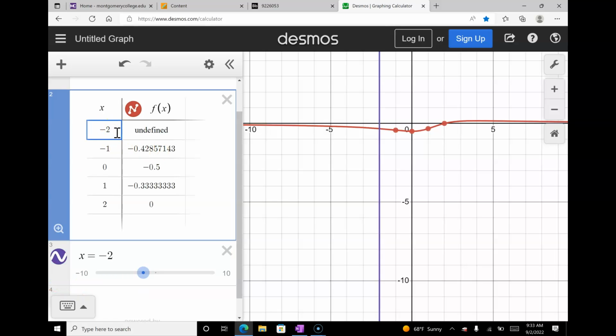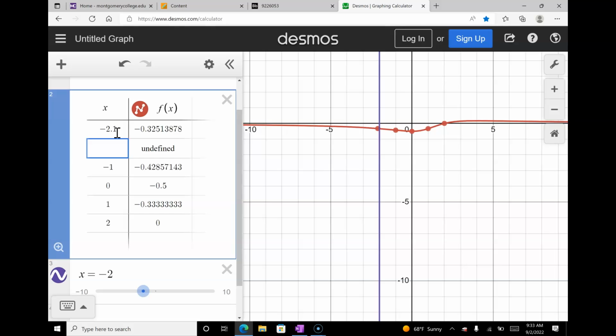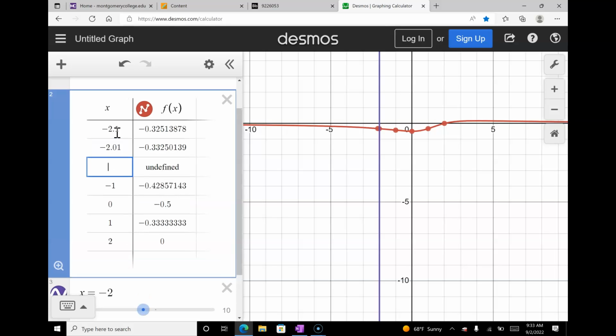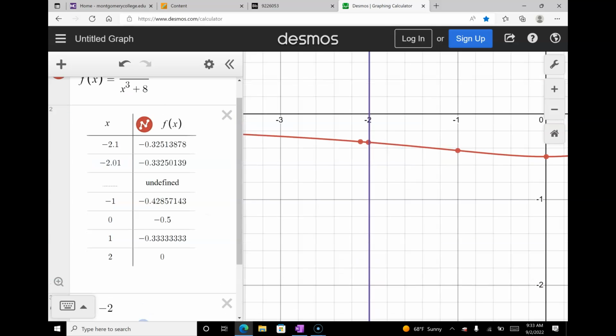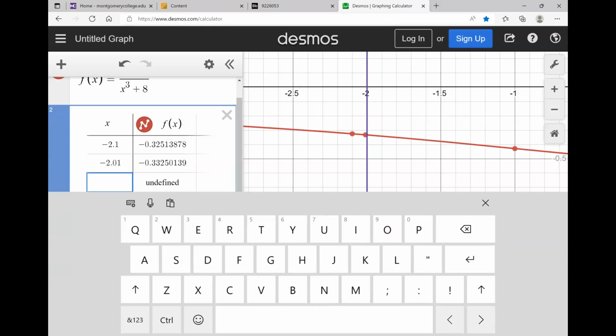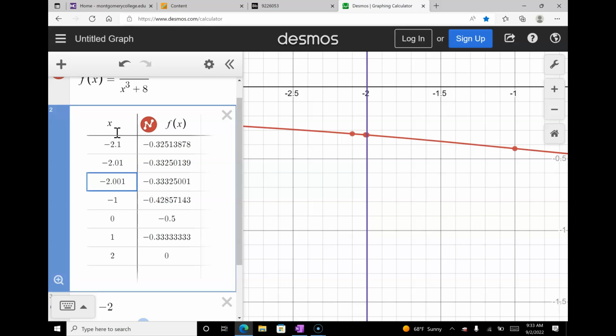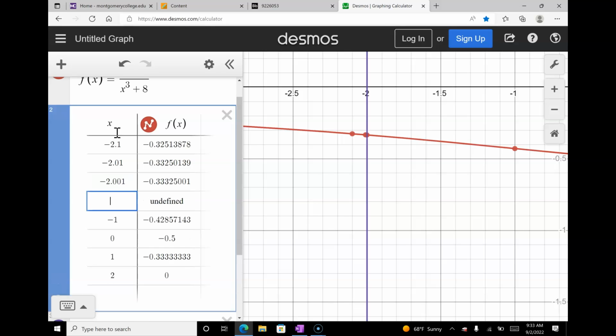So I'll just work one side. So I'll say negative 2.1, right? I'm getting really close to negative 2. So negative 2.01, right? And you can see it's building dots there. You see how it's building dots? And then negative 2.001. And you can already see that I'm definitely getting to a negative, and I think I'm getting to negative 0.3 repeating, right?